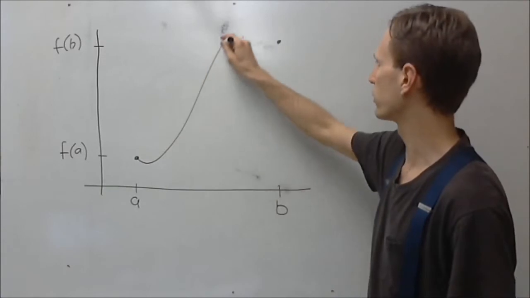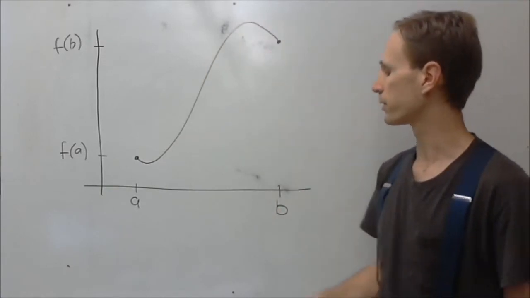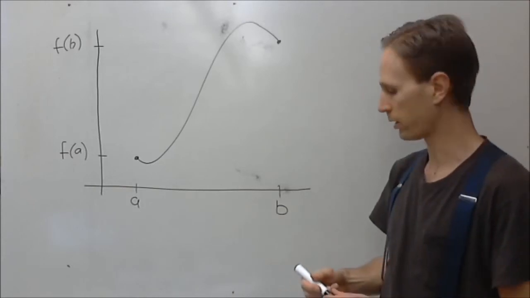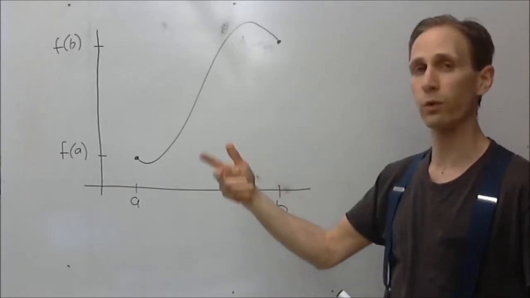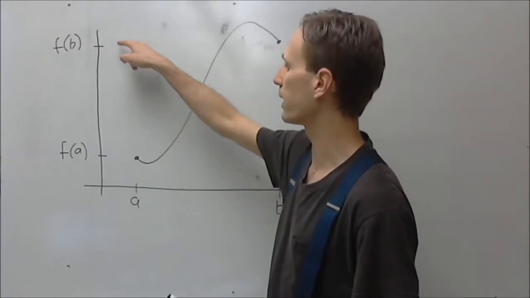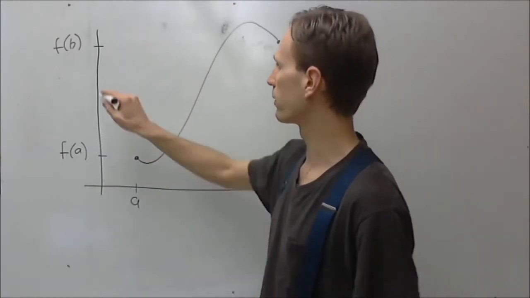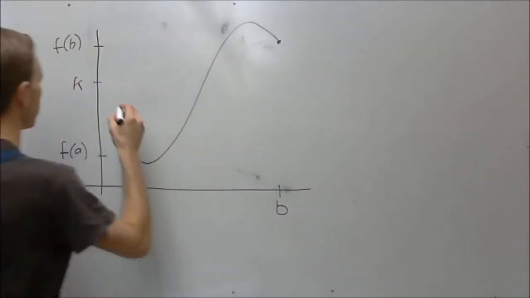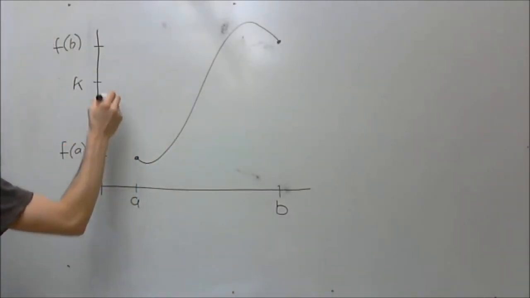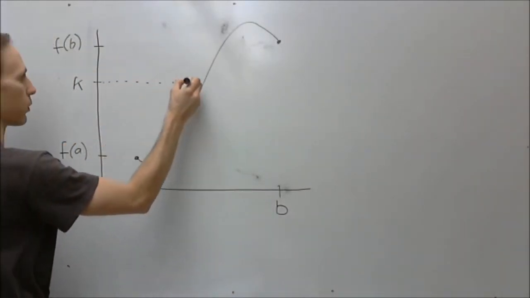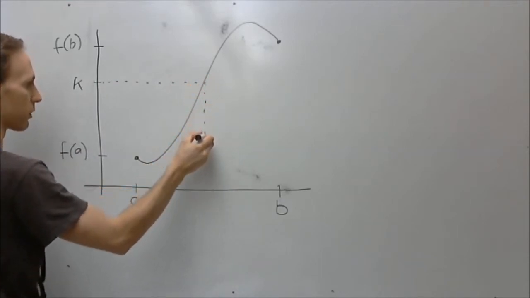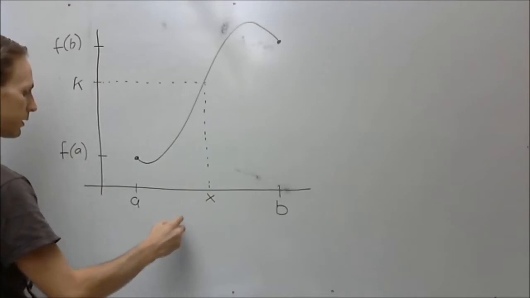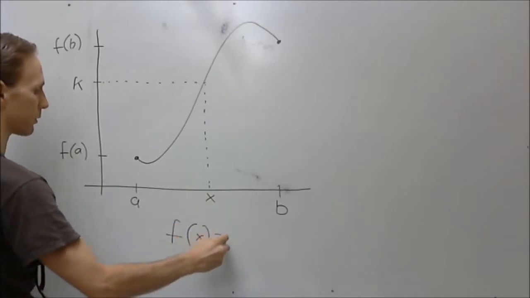Doesn't matter how I draw it, I won't get too fancy, but it says that if the function is continuous from a to b, then for every y value between f of a and f of b, call that k, say, there is going to correspond an x value somewhere between a and b, such that f of x equals k.